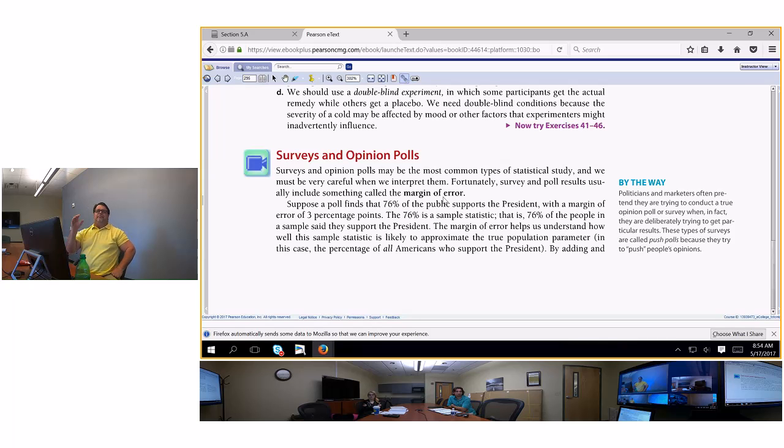The NBC poll came out the day before the debate, and it put so many people ahead of Donald Trump by 10 points. Cruz, it was Cruz. And I would not vote for Cruz no matter who was running. But anyway, they had Cruz ahead by 5 points. And then down at the bottom, it had N equal to 200 and margin of error equal to 6%.